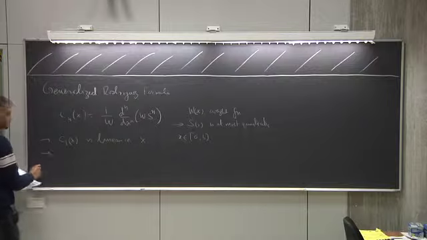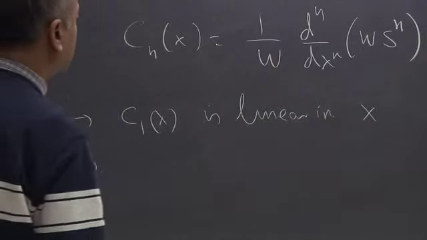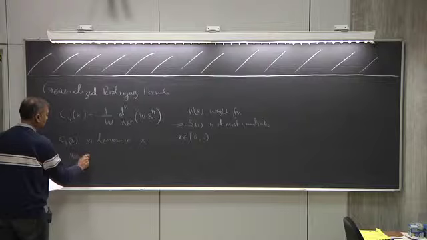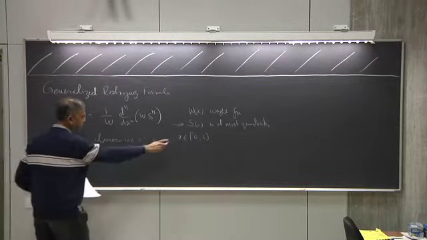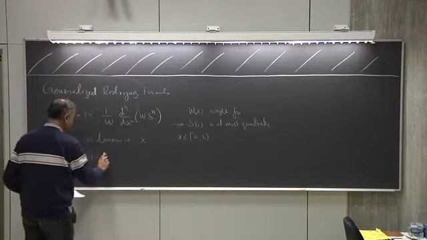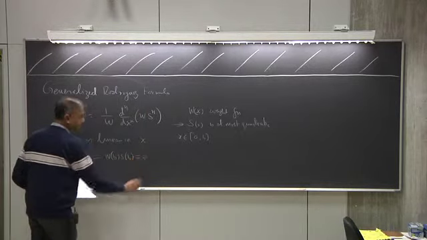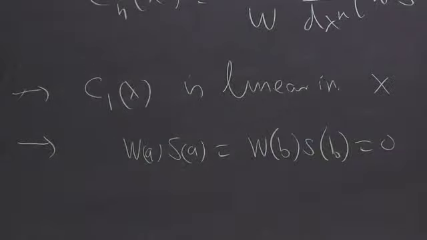This is crucial. And the third condition was the boundary condition, which was a statement that w times s evaluated at the boundary of the interval is 0. These are the three conditions.